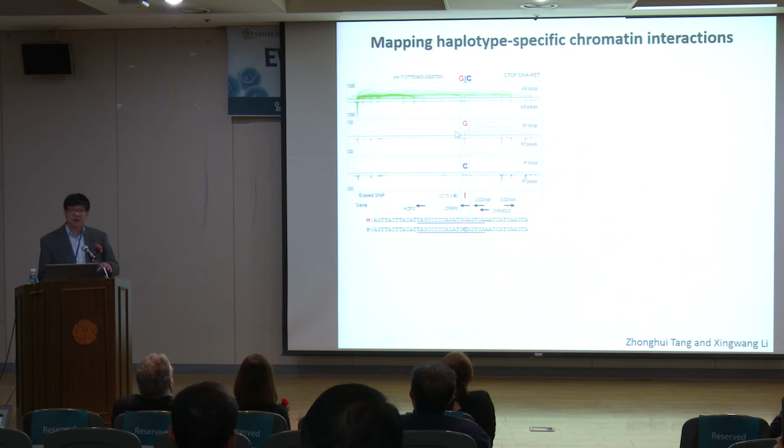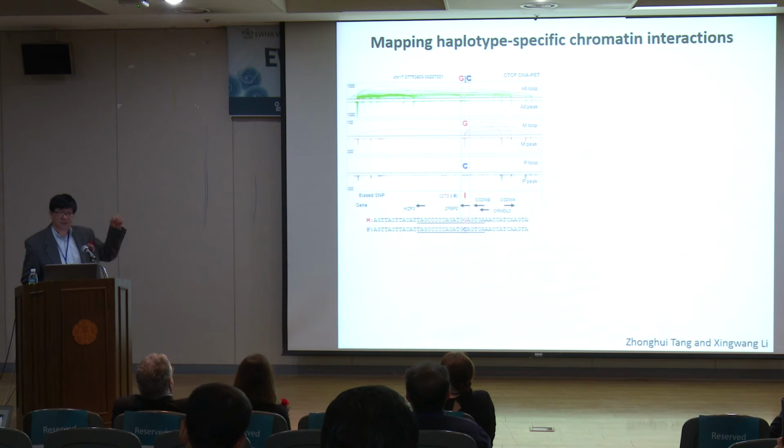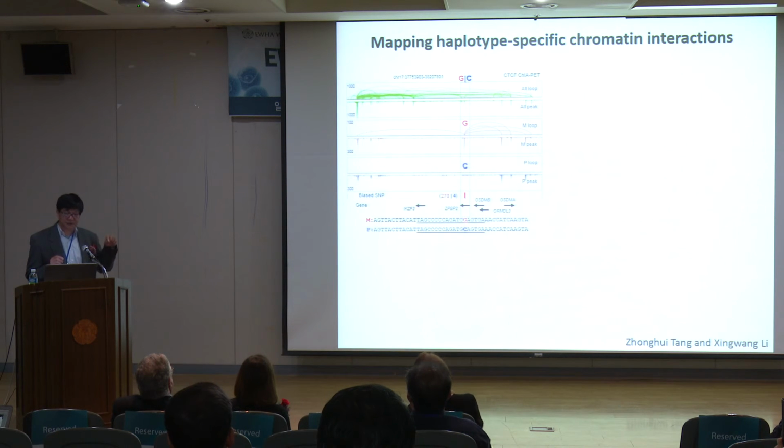As you can see, the CTCF-mediated chromatin interaction only exists in one copy, but not in the other. So this provides a haplotype-specific and single nucleotide resolution mapping of chromatin interactions.